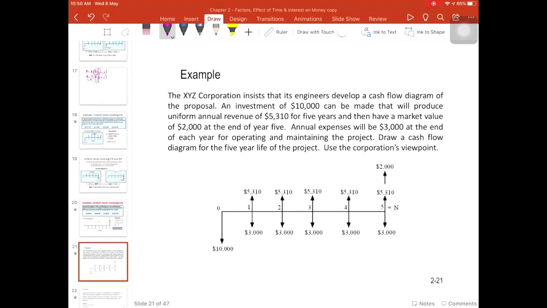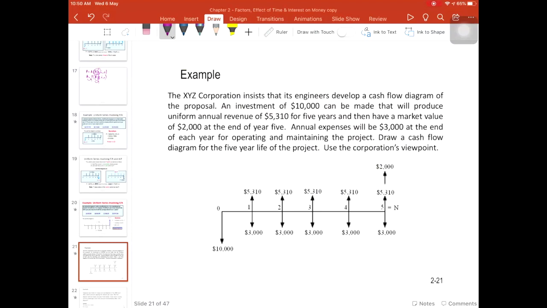Patutnya cash flow diagram tu dia hidden dulu baru you buat. But you have to understand very, very well. Okay, the first one, the inflow. The inflow is the annual revenue. Revenue is one of the inflow money. You will get the money, 5310. And then annual expenses.